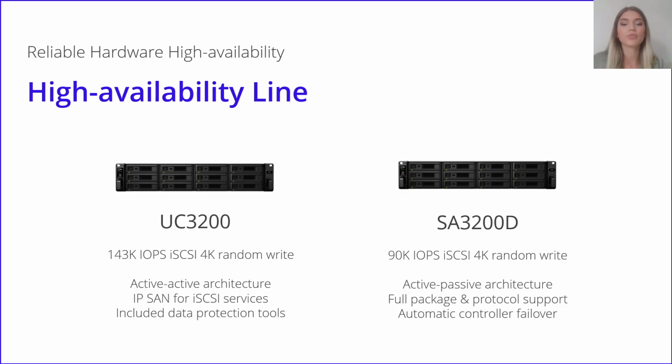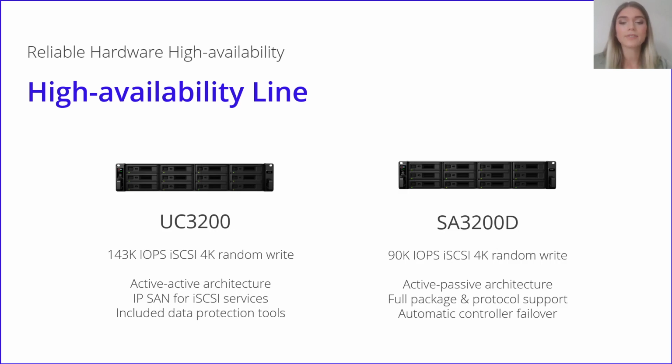If you're looking for a full package NAS with internal redundancy, we propose the SA3200D, where D stands for dual controller. It is not a SAN, but a fully fledged NAS, so you have full package and protocol support.